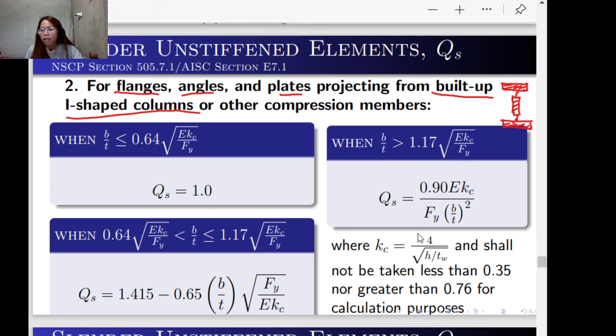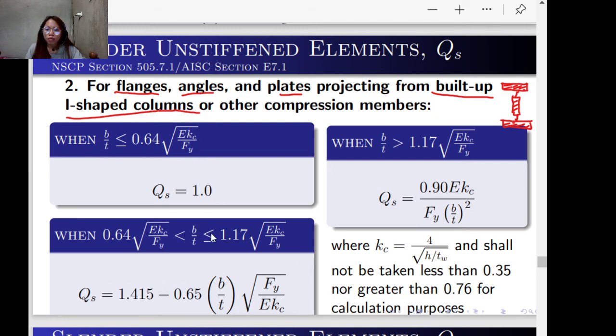There are a lot of provisions, which can be confusing. So if it is less than 0.35, use 0.35. If Kc is greater than 0.76, use 0.76. But within this range, 0.35 to 0.76, use the actual value for Kc. Then substitute in this condition.